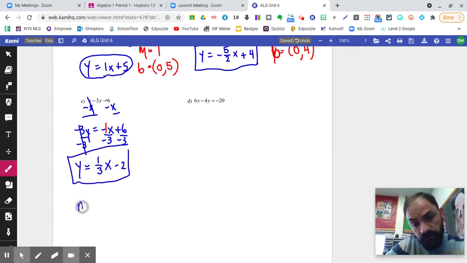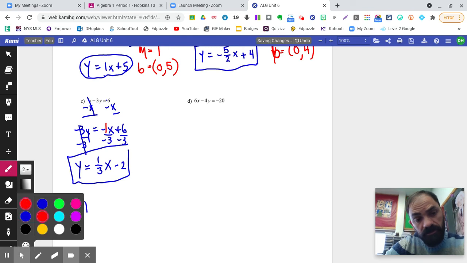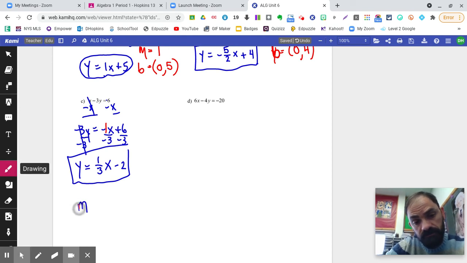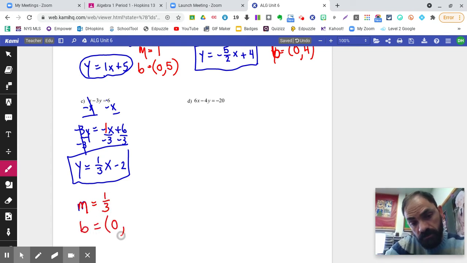So the slope, let's change my pen color so it stands out. 1/3. The y-intercept, 0, -2. Make sure we take the sign that's in front right there. Okay, the last one.